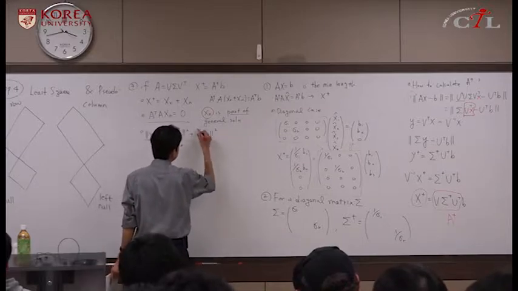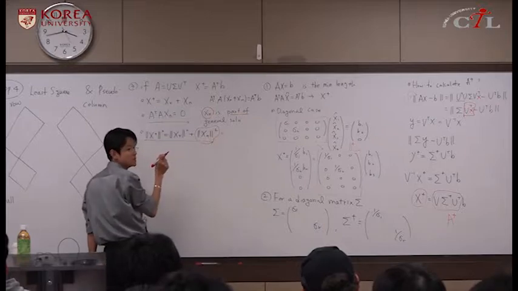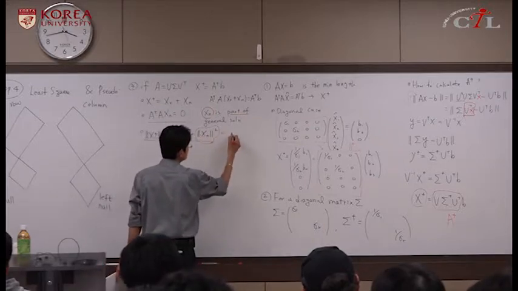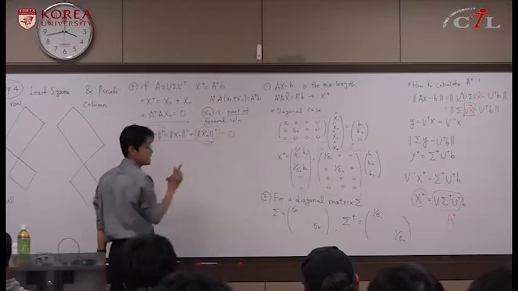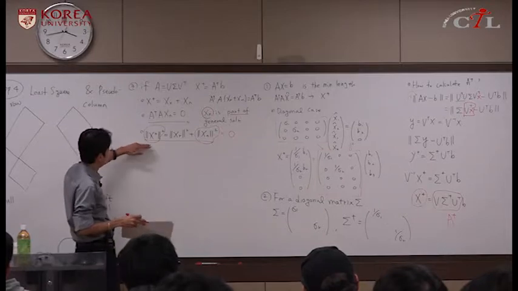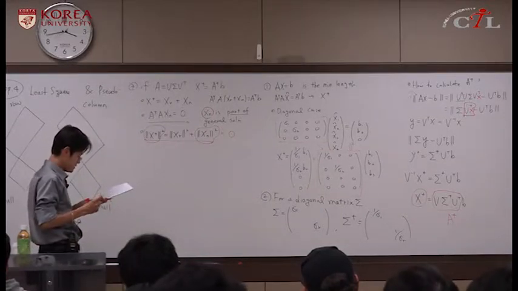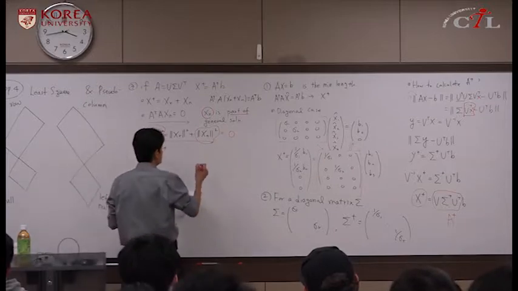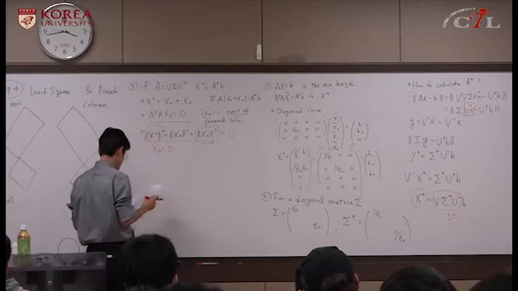So if it's the minimum among multiple cases, then it should be nothing. So in x pseudo, the null space component is nothing.